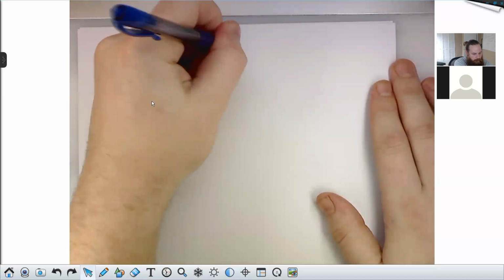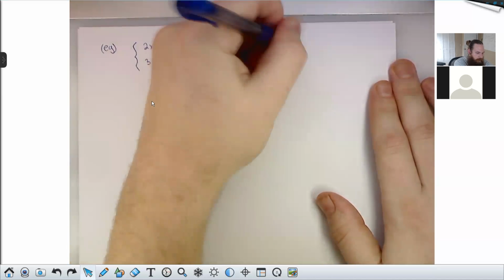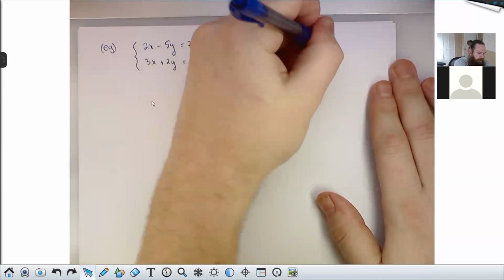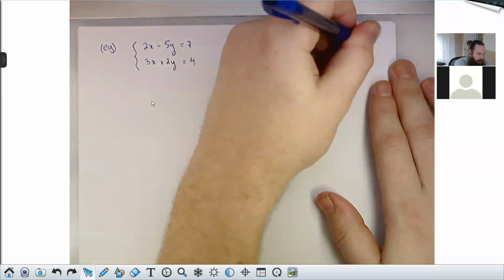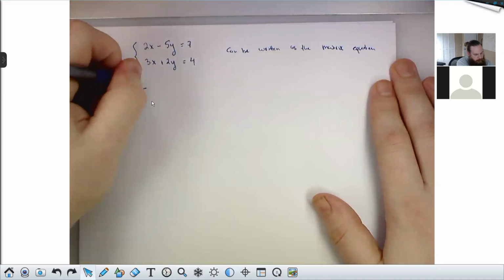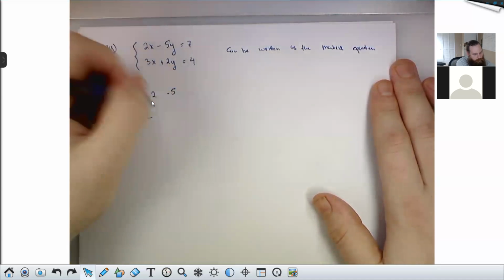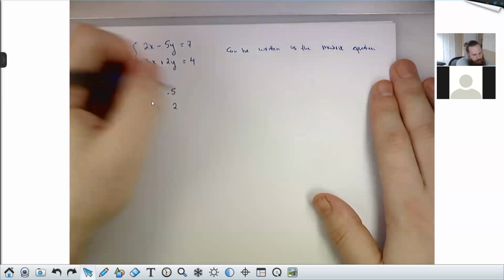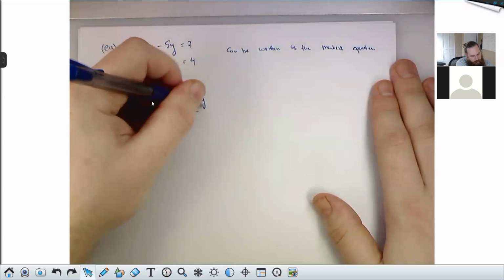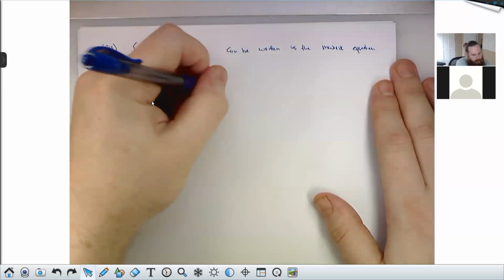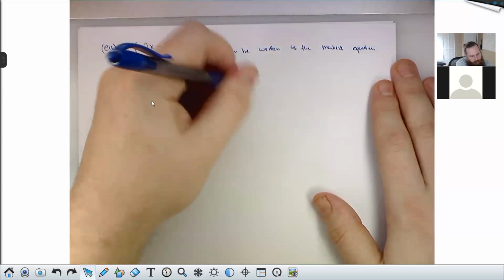This can be written as the matrix equation [2, -5; 3, 2] times the matrix [x; y] equals the matrix [7; 4].